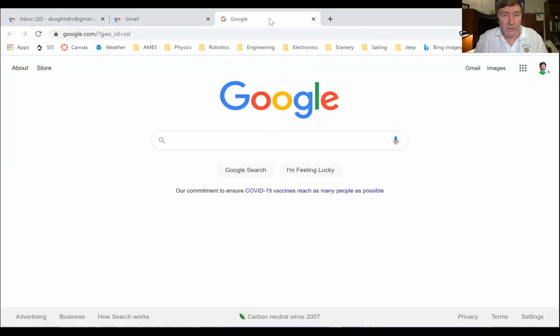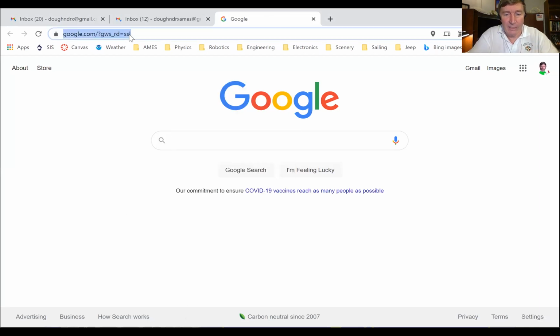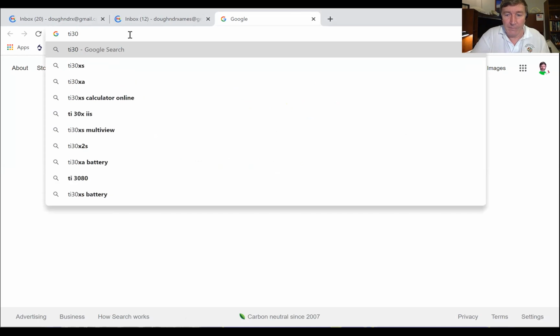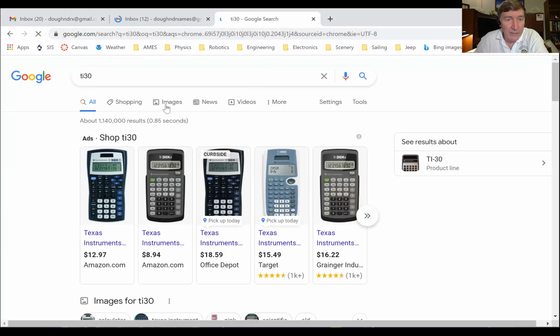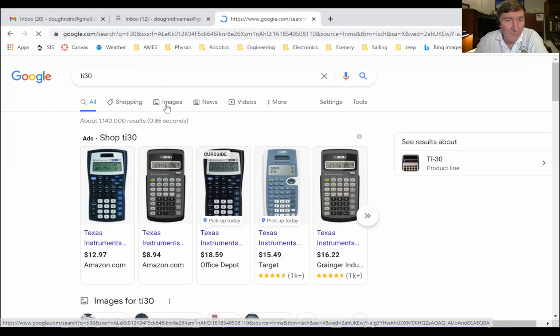What I'm going to do is go to my browser here, go to a blank page, and type in TI-30, hit enter. Okay, and so let's get an image of a TI-30.